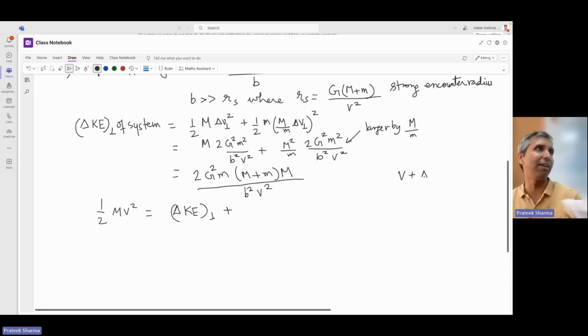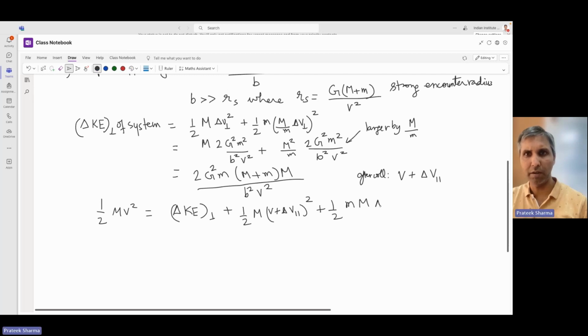This delta V parallel will of course come out to be negative, but let's just write it as this. So after collision, this is the velocity in the parallel direction: plus half capital M (V plus delta V parallel) squared plus half small m times capital M delta V parallel.